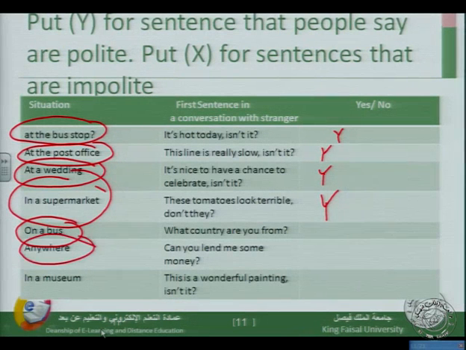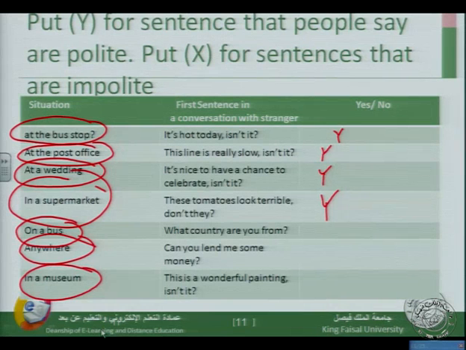And also, you can speak and practice and start a conversation anywhere. For example, can you lend me some money, please? You can ask about money in the university, at your home, on the streets, in the supermarket, everywhere. And also in a museum.